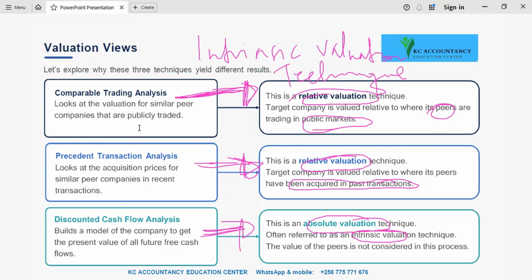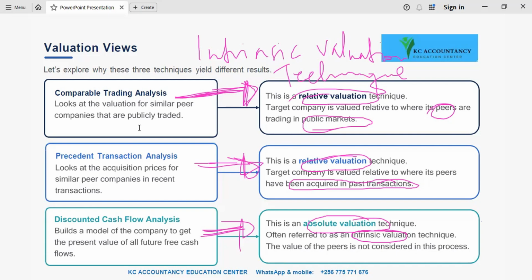In this analysis, we don't consider the value of the peers, so it's not a relative valuation technique. This explains partly why we get different results from the DCF, because it is an absolute valuation technique and the other two are relative.